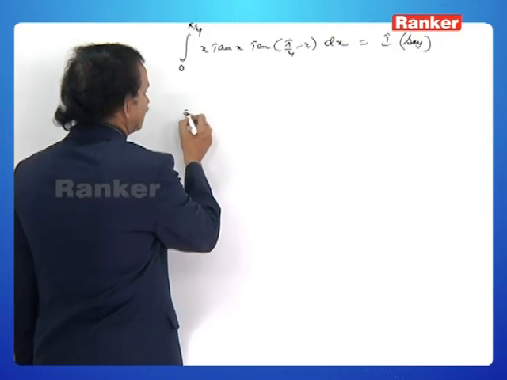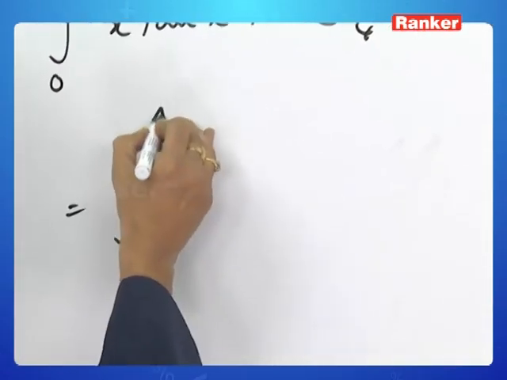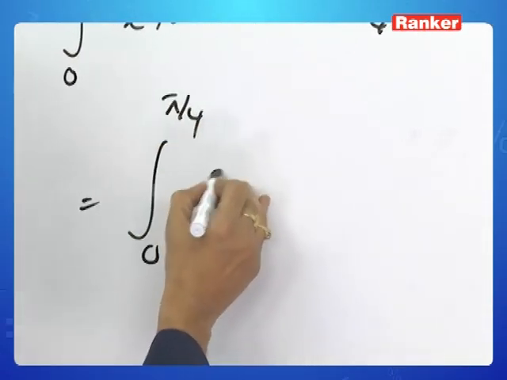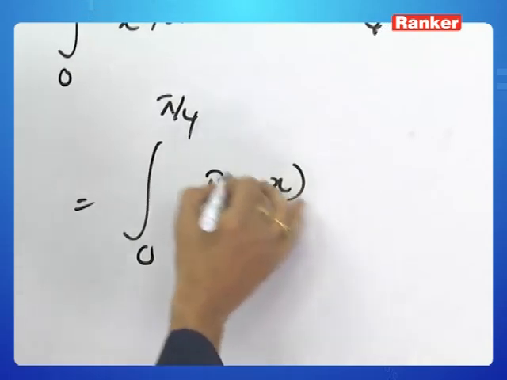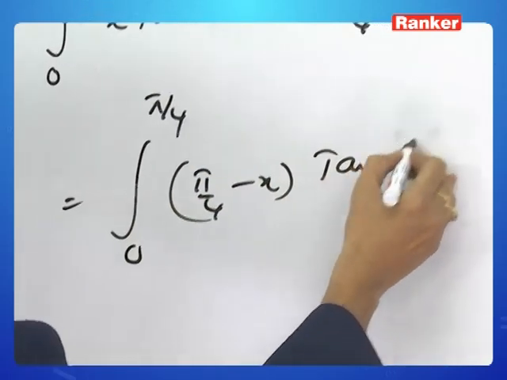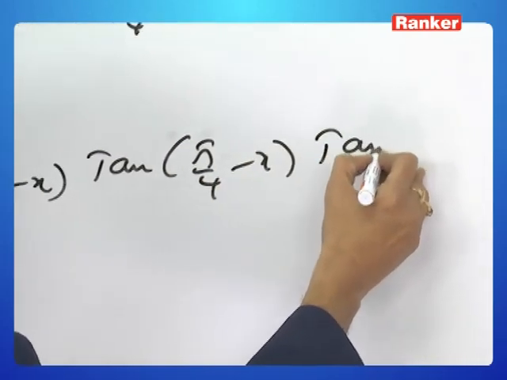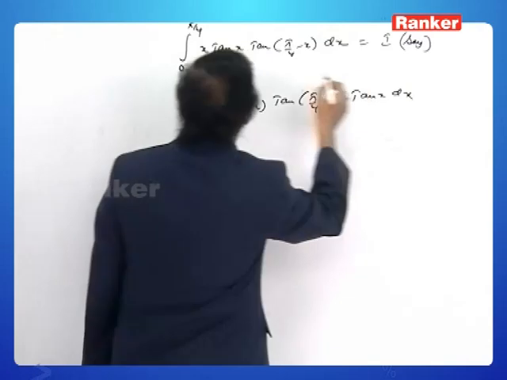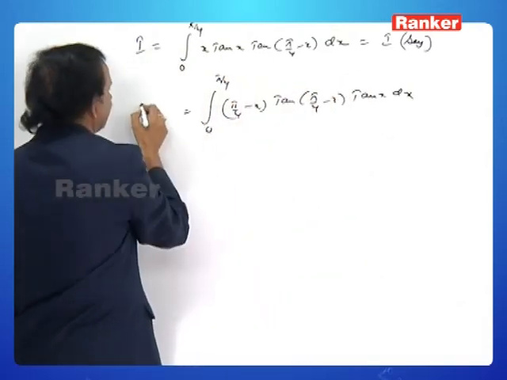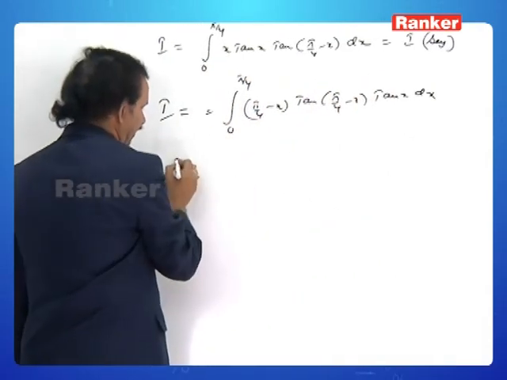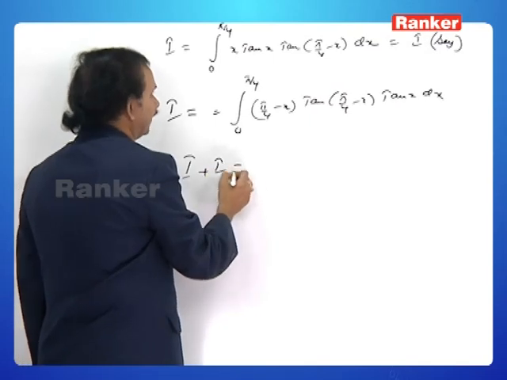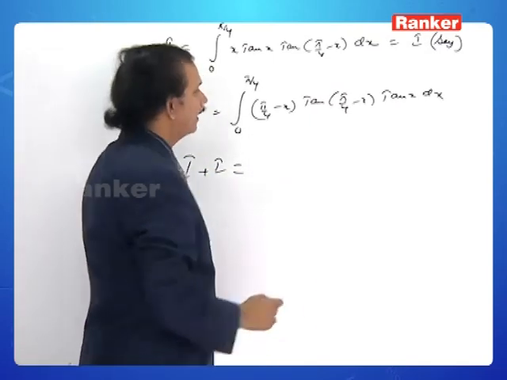So this is integral 0 to pi by 4 of (pi by 4 minus x) into tan (pi by 4 minus x) into tan x dx. This is I and this is also I. Now add I plus I. What happens?